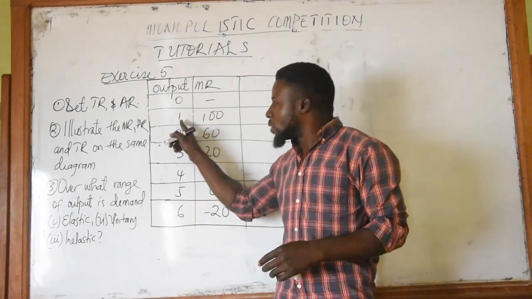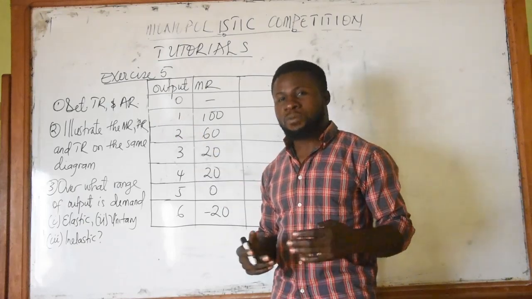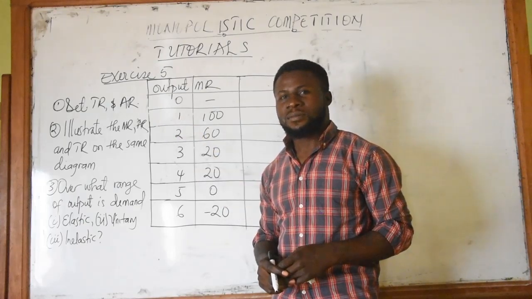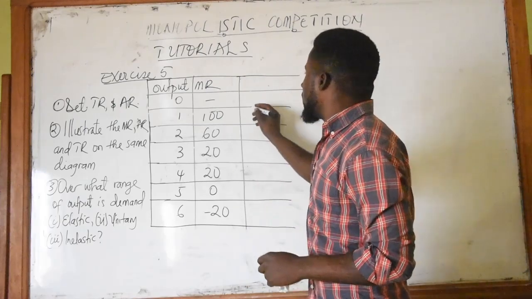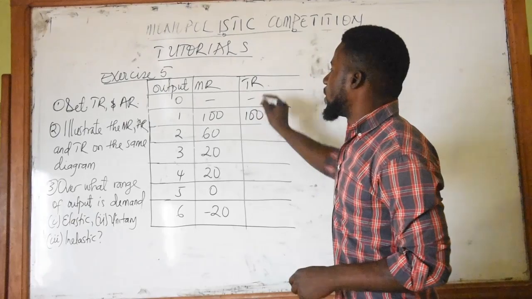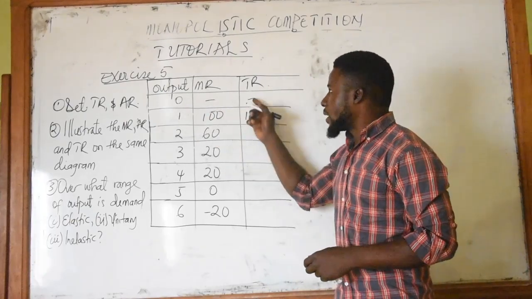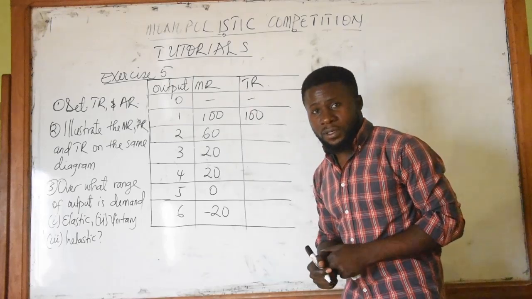So my total revenue from producing one item should be 100 as well. When we are producing nothing, output will be nothing, and total revenue will be nothing.